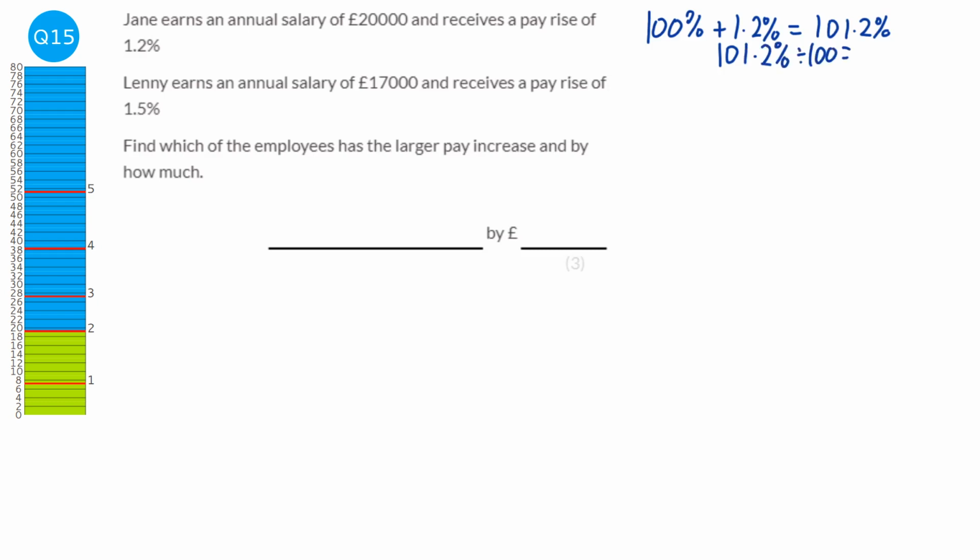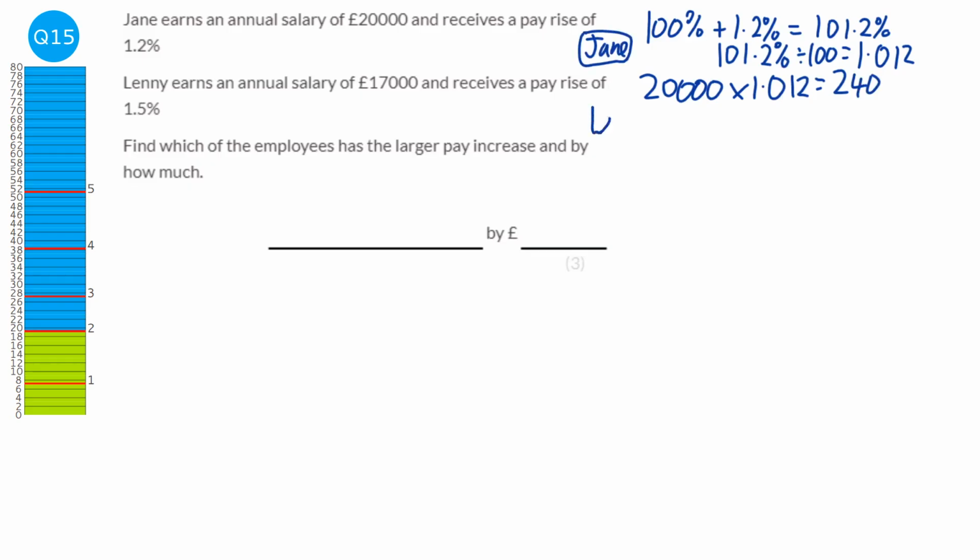So the multiplier is 1.012. So we get the 20,000 times it by 1.012, and that gives us 240. Next we do the same for Lenny, so that is Jane.